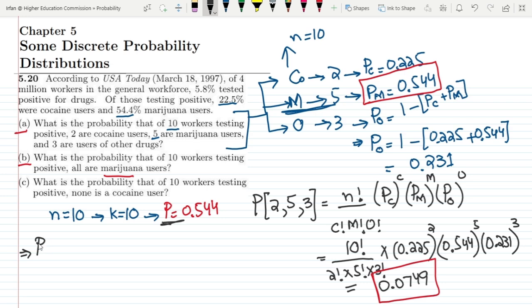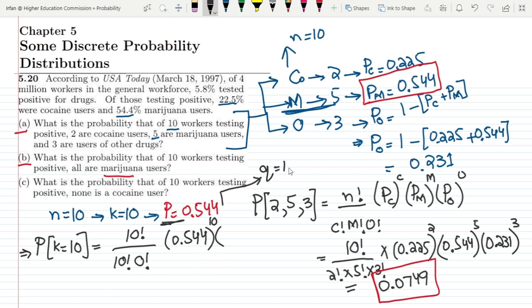So it would be the probability that K is equal to 10. Using the same formulation as we did previously, it would be 10 factorial divided by this category 10 factorial and other category 0 factorial, multiplied by the probability of this category, 0.544, raised to the power 10, and the other one would be q.